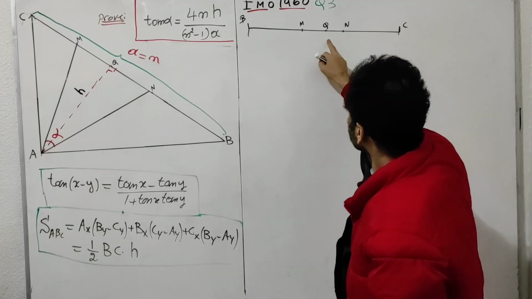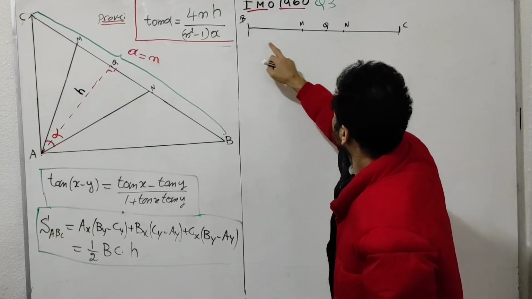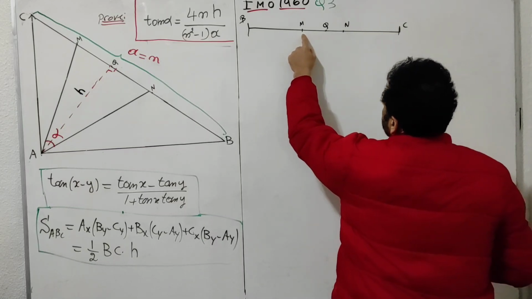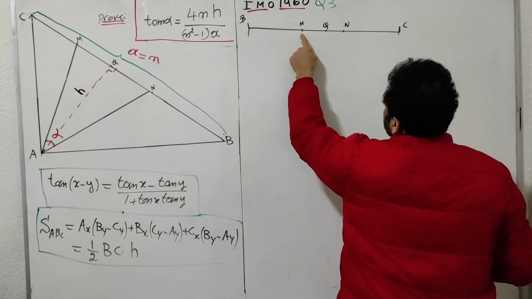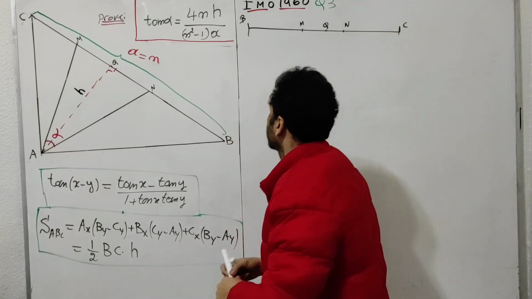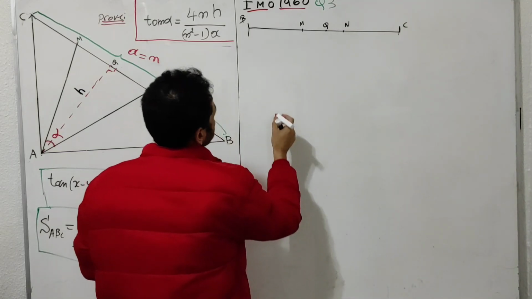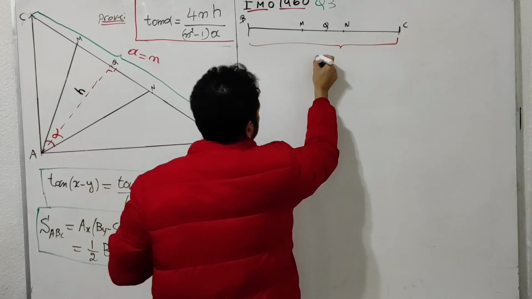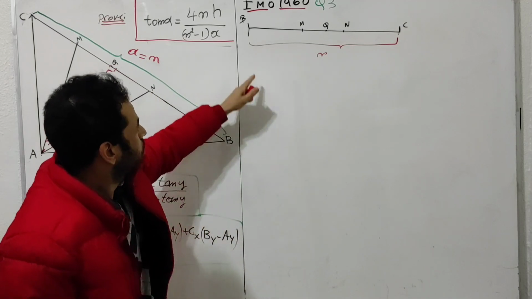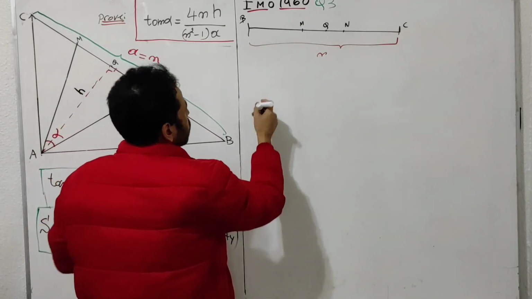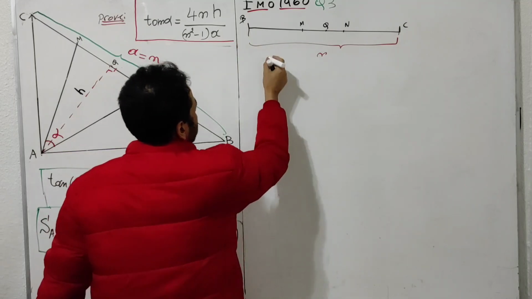Since Q is the midpoint of segment BC, Q is located in the middle of segment MN as well. The measurement of BC we already mentioned is n. When you divide BC into n parts, every individual part has length 1.